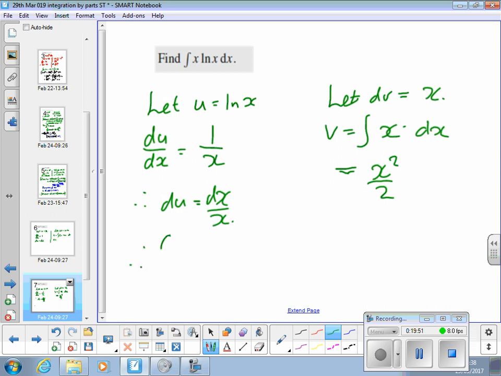Therefore, the integral of x ln x dx is equal to u, what we call u, ln x, times v, what do we call v?